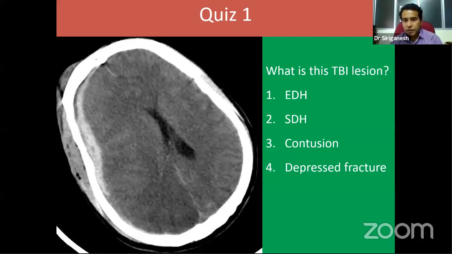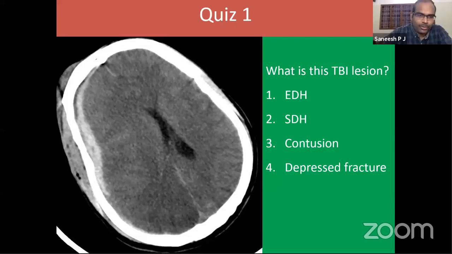So again, 4 options. First is extradural hematoma, second is subdural hematoma, third is contusion, and fourth is depressed fracture. So you can type in your answers and then we'll know the results. Yeah, we'll close the poll in another 10 seconds because it's a straightforward diagnosis.